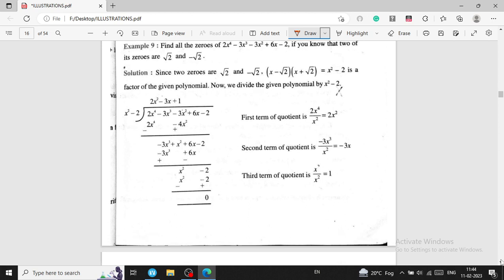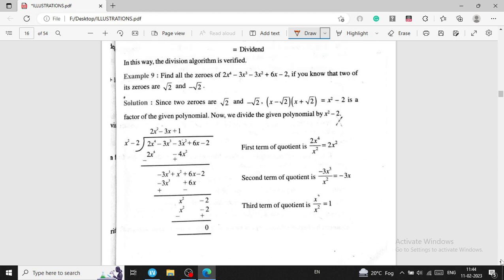And now this type of question, in which the divisor is not given. We have to make the divisor from these zeros, alpha and beta. We can write the two zeros as x minus root 2 and x plus root 2. Now multiply.